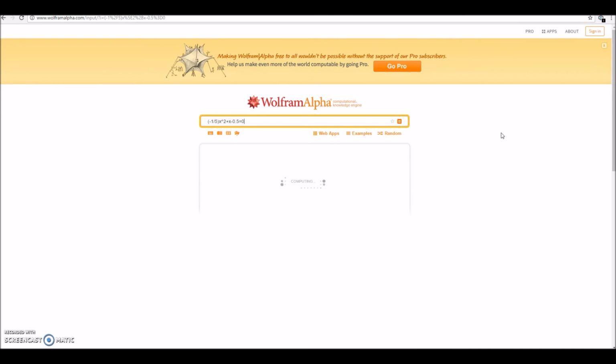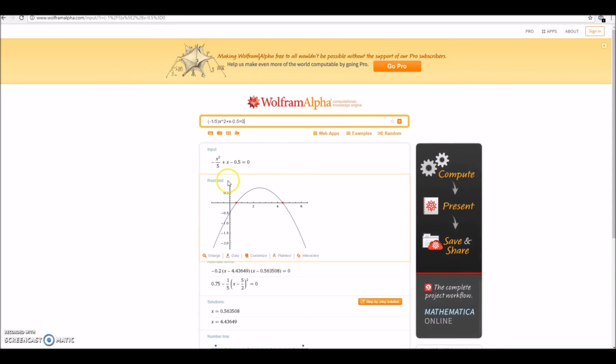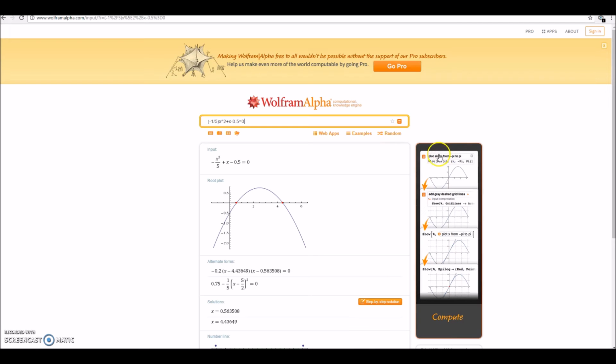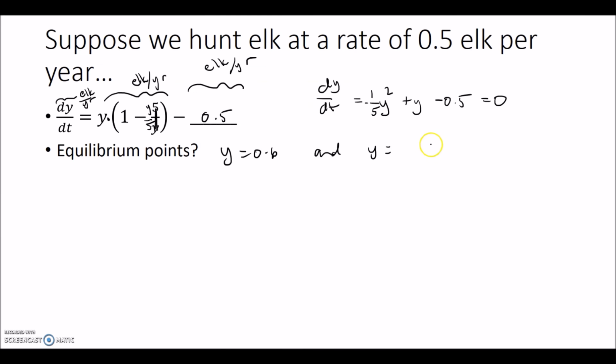And this will solve those equilibrium points for me. I find that I have one at approximately 0.56. I'm just going to round it to 0.6 and 4.4. So equilibrium points are at y equals 0.6 and y equals 4.4.